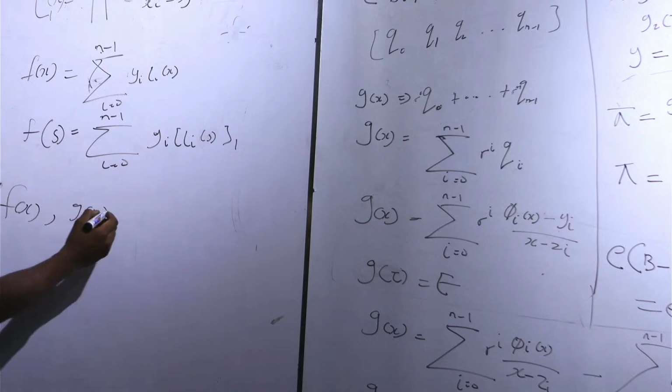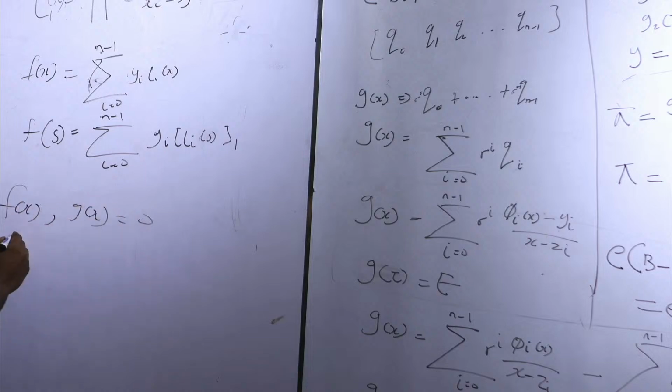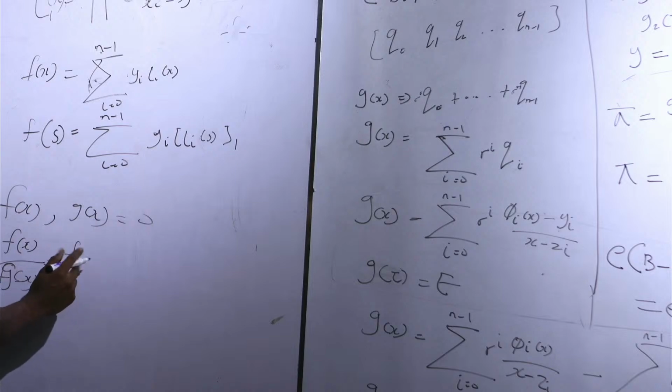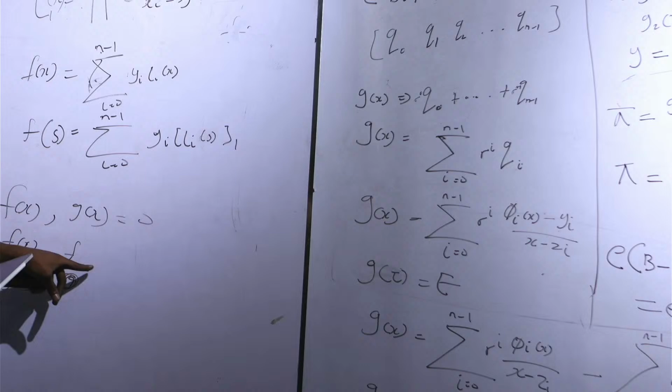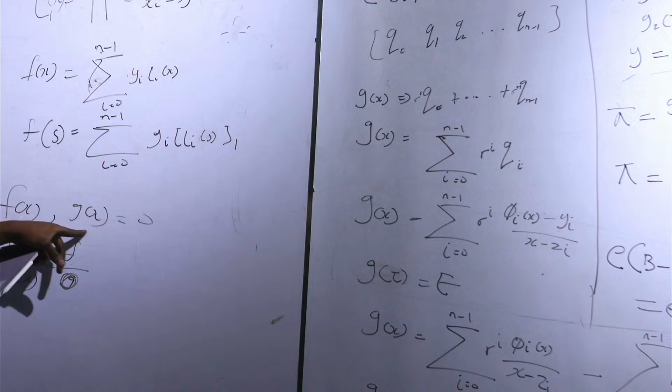But let's now say that g is 0 at some point, and you want to do f of x over g of x. You can't really divide by 0, so you have to use some other method. I think that's the part where the evaluation form doesn't really work.